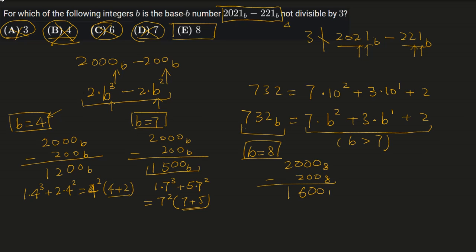So this is in base 8. In base 10 it will be 1 times 8 cubed plus 6 times 8 squared. We factor out the 8 squared. That's 8 plus 6, so that is 8 squared times 14. None of these have a factor of 3. Therefore, it's not divisible by 3. So E is our choice.